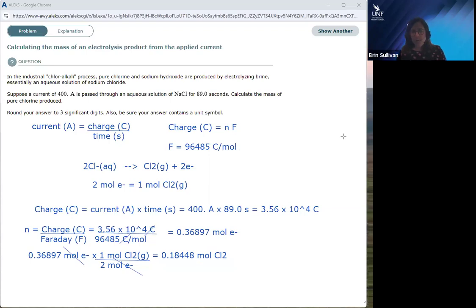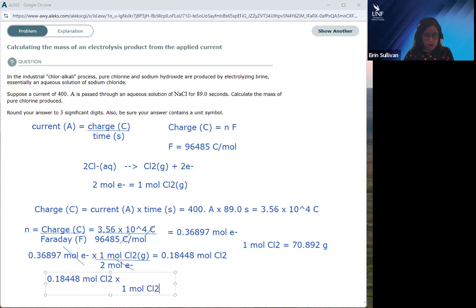The molar mass of chlorine is 2 times 35.45, or about 70.89. I'll write my molar mass as a conversion factor to be thorough: 1 mole of Cl2 weighs 70.892 grams. We take the 0.18448 moles of chlorine and convert that into a mass in grams using the molar mass.